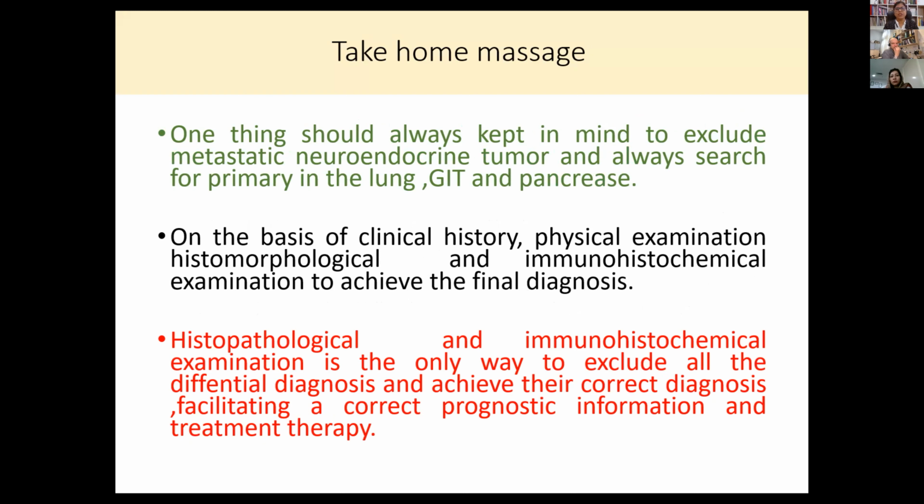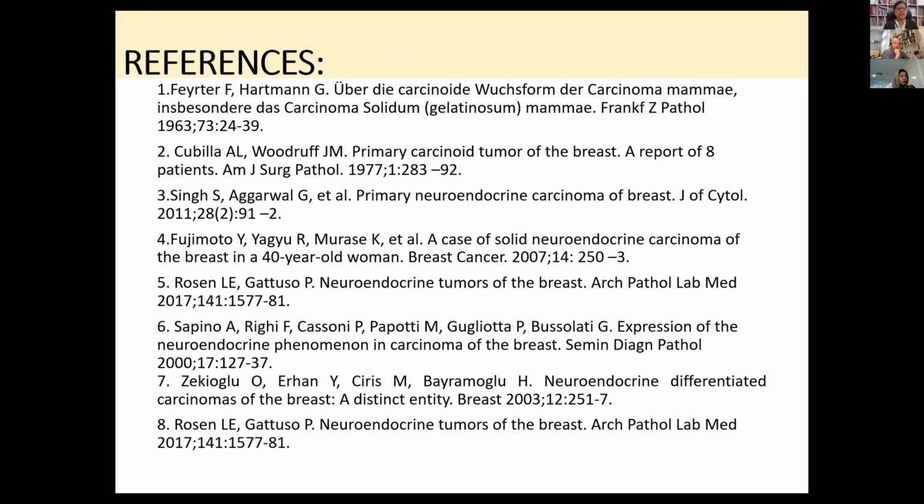On the basis of clinical history, examination, histomorphology, and immunohistochemical examination to achieve the final diagnosis, histopathology and immunohistochemical examination is the only way to exclude all the differentials, achieve the correct diagnosis, and facilitate correct prognostic information and treatment therapy for the patient.